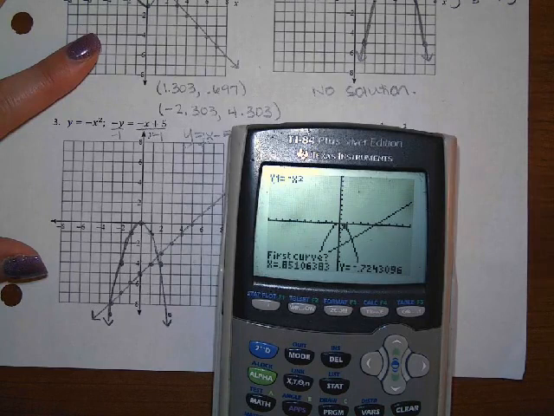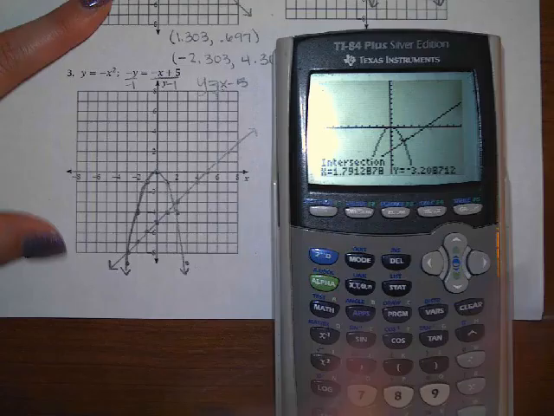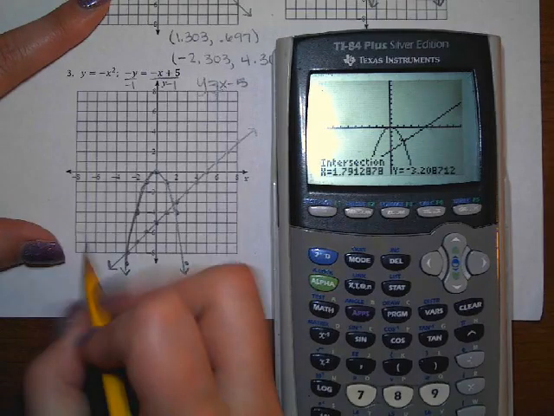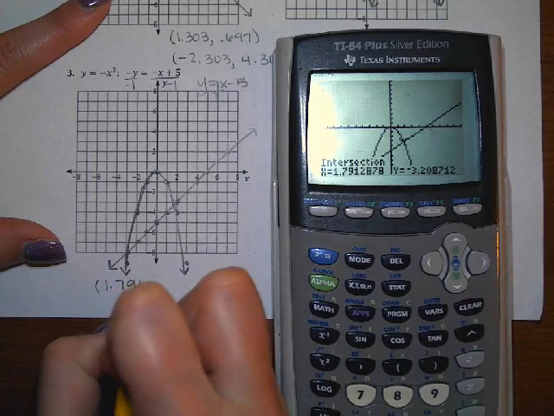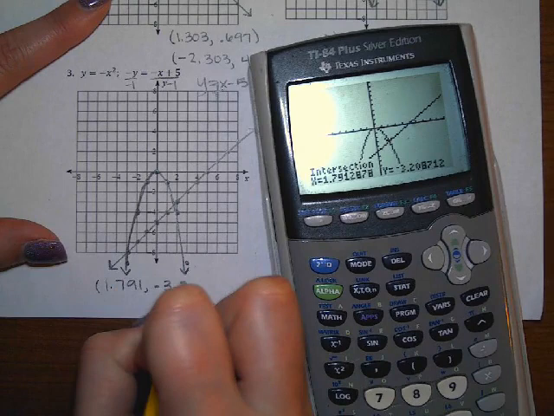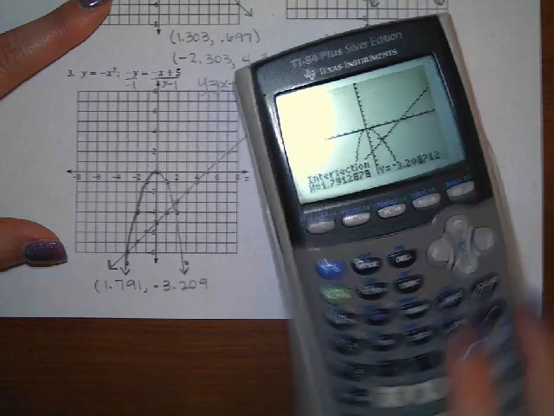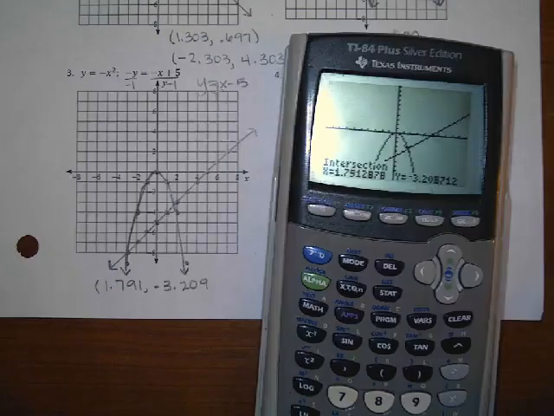All right, press enter, enter, enter. So we've got 1.791, negative 3.209, and I'm going to round it to a 9, since 8 had a 7 after it. So I'm going to round it up.